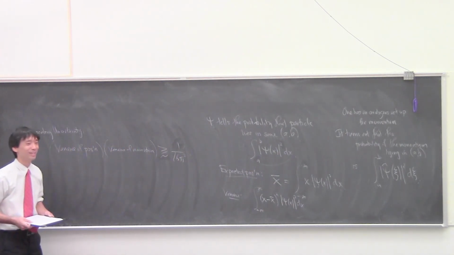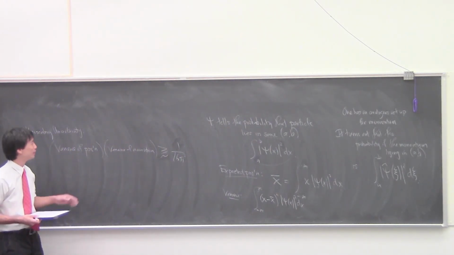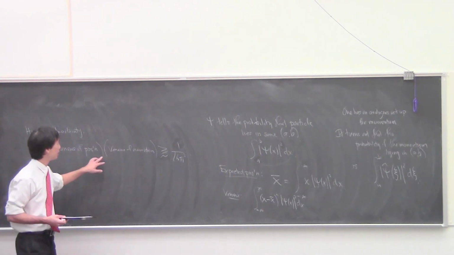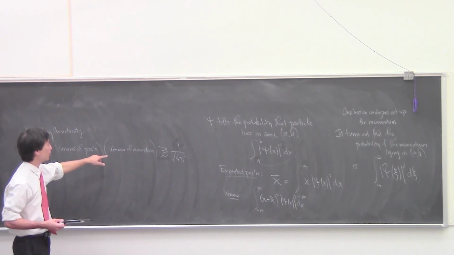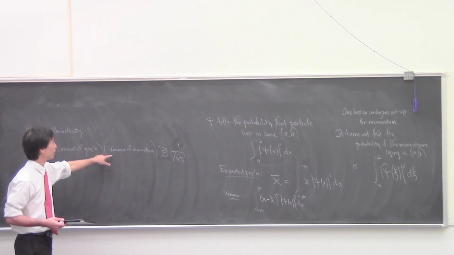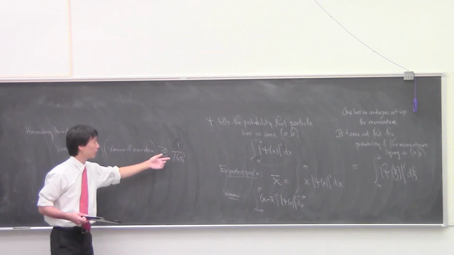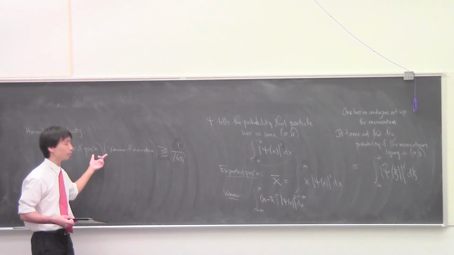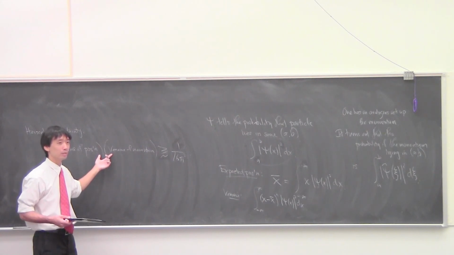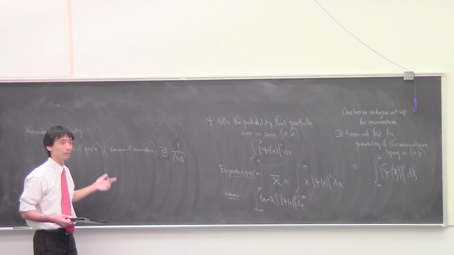So what is it saying? You can't know both of these with arbitrary precision, because if you did, you'd be getting below this bound. So there's some lower bound on the product of these things. And the reason that lower bound exists is basically a consequence of the Plancherel theorem.